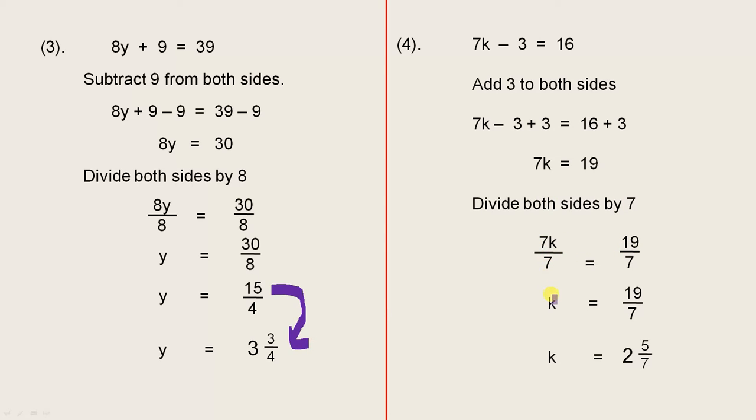The 7's cancel to give us k, and that's 19 over 7. That's an improper fraction, and we get k equals 2 5/7.